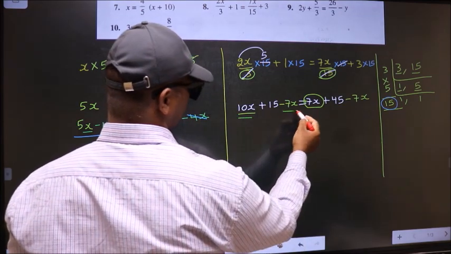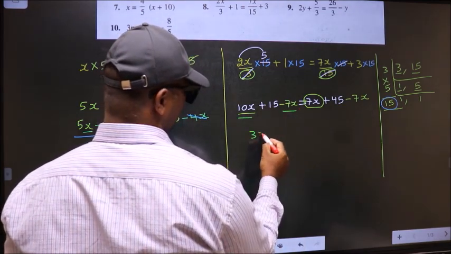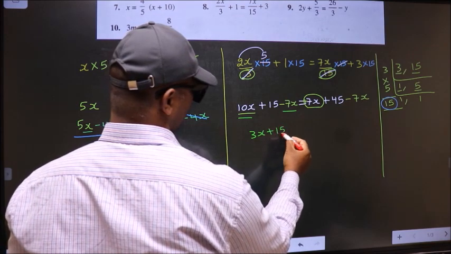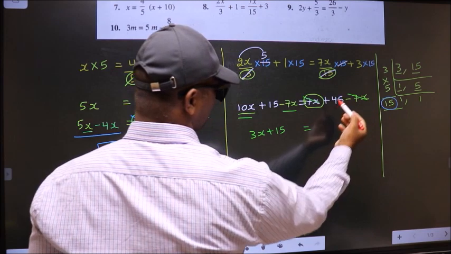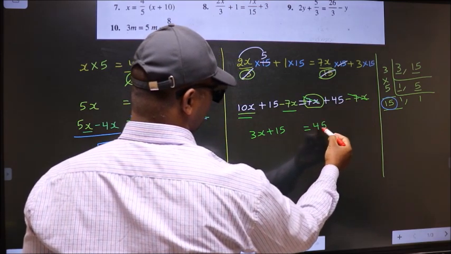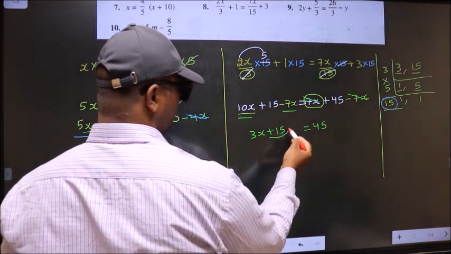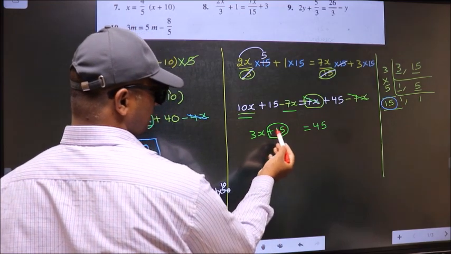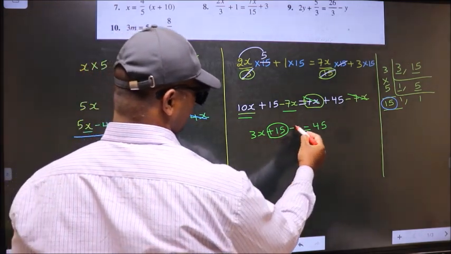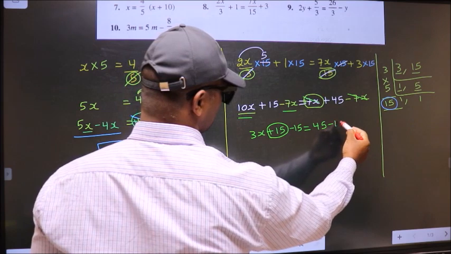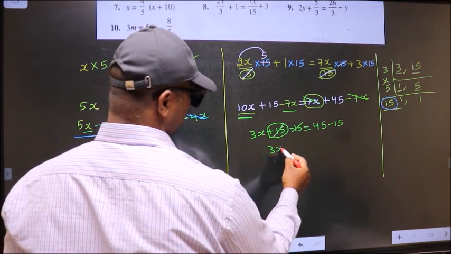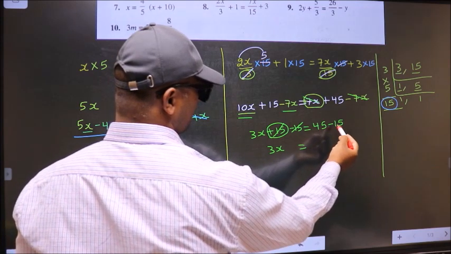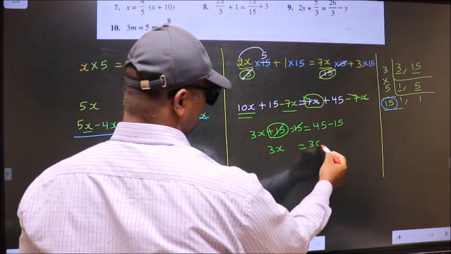So 10x minus 7x, you get 3x plus 15 equal to, plus 7x minus 7x cancel out, you are left with 45. Now first we should remove plus 15 from this side. So to remove plus 15, you subtract 15 on both sides. So this cancels out, you are left with 3x equal to 45 minus 15, 30.